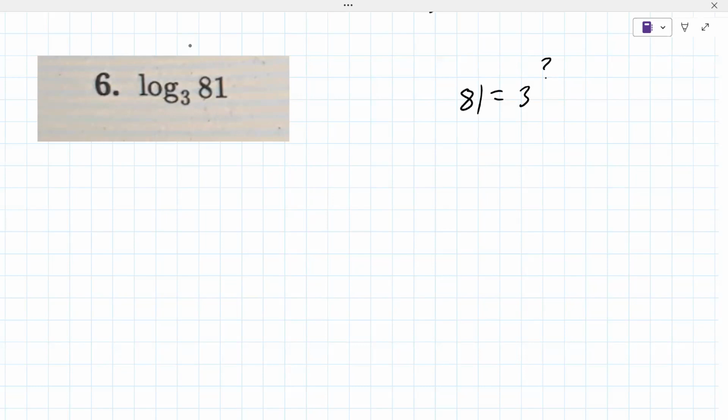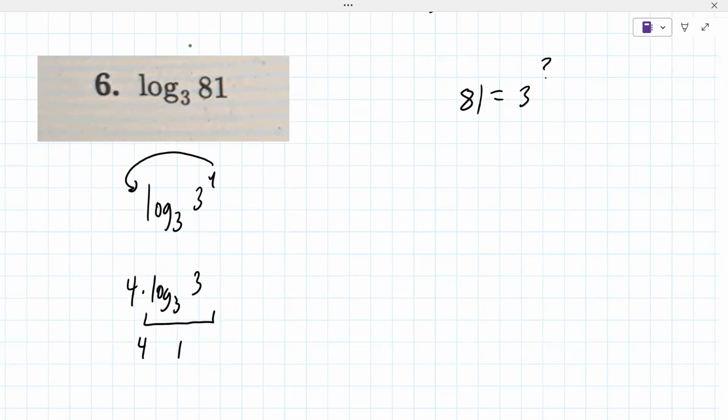Three to the fourth. Good. So it's really log base 3 of 3 to the fourth. Put the 4 in front. 4 times log base 3 of 3. This part is 1. 4 times 1 is 4.